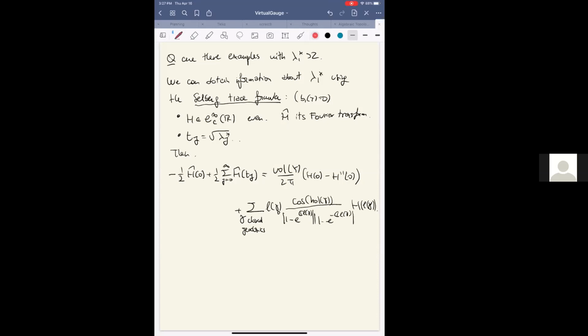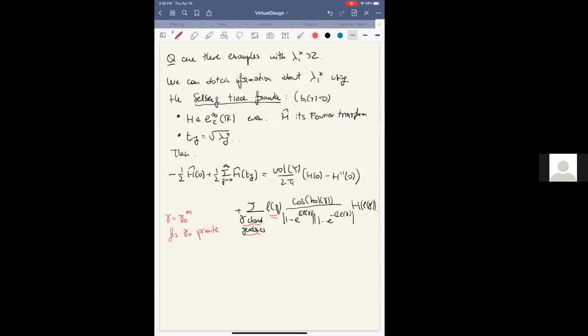So here I'm summing over all closed geodesics, and any closed geodesic will be some multiple of a primitive geodesic. Here this is the length of that primitive geodesic that you're the multiple of. And here we have the holonomy of the geodesic, and the complex length.